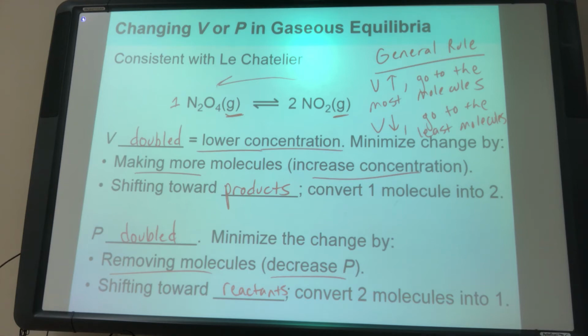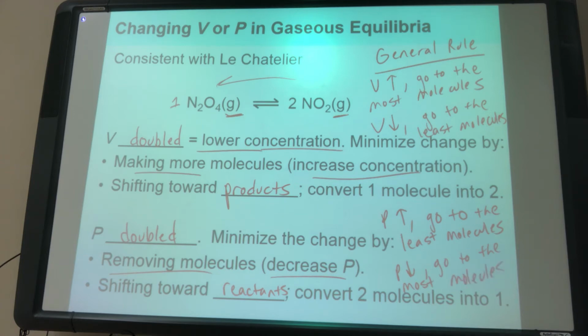So here's my general rule for pressure. If pressure goes up, go to the side with the least molecules, because I want to remove them. If I remove the molecules, then I have less pressure because there's less things creating the pressure. If my pressure goes down, then I want to go to the most molecules.